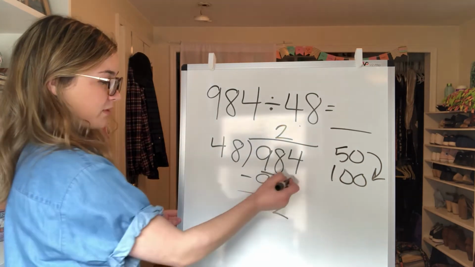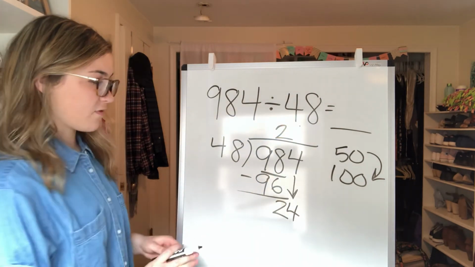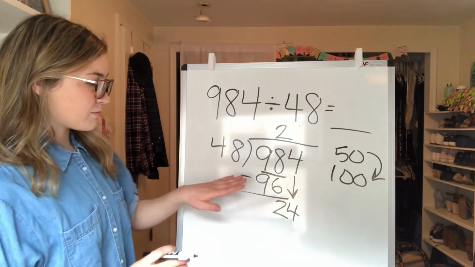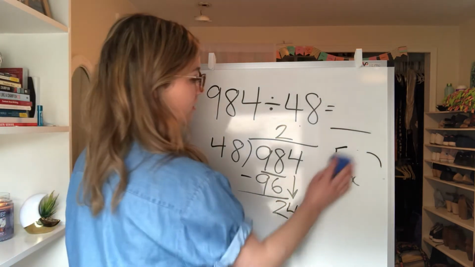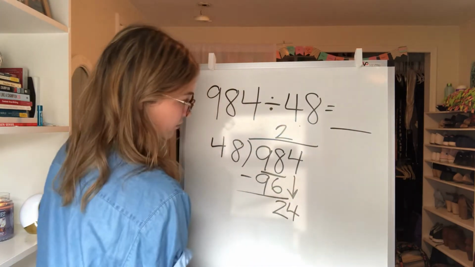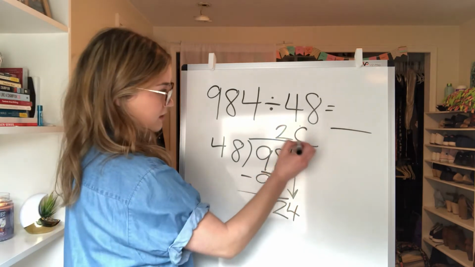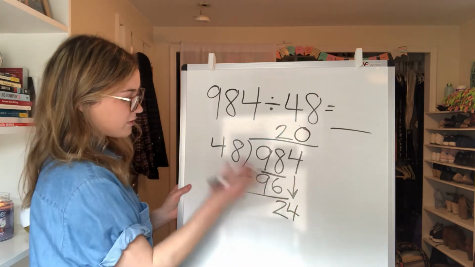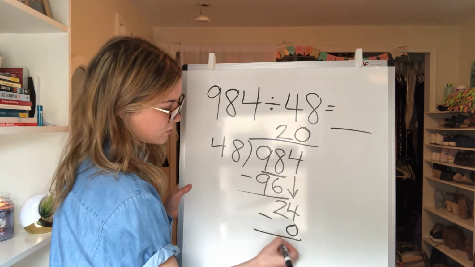So then I'm going to bring down my 4, and now I have 48 going into 24. Now 48 is bigger than 24, so I can't forget this step: even though I can't do it, I need to write down 0, because 0 times 48 is 0, and then I have 24 left over.